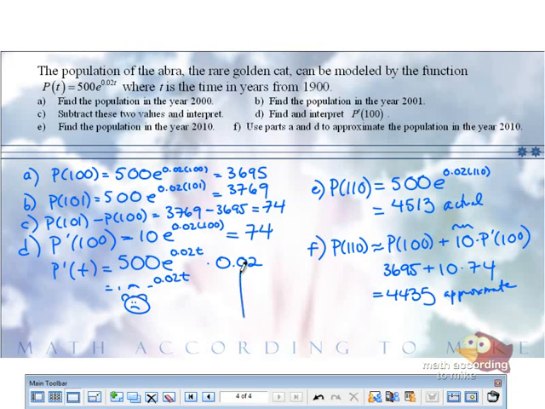Anyways, if we were to graph this guy, remember exponentials are always increasing, something like that. Well, here's the real value at 110. So this is P of 110. So that's part E's answer.